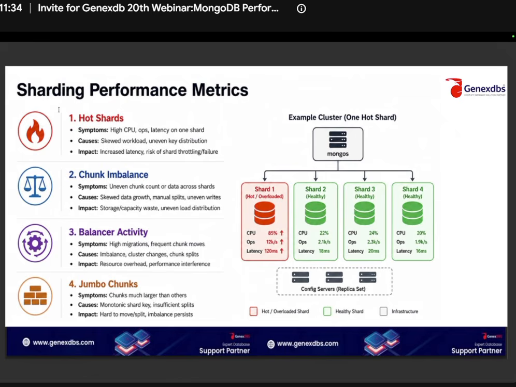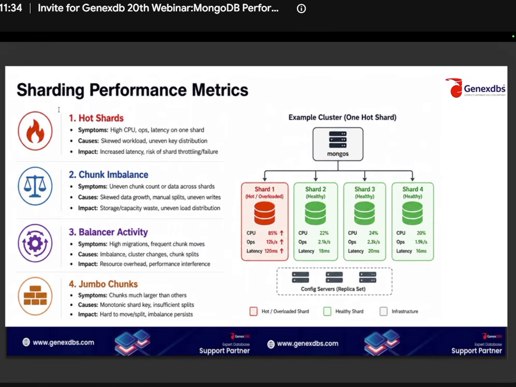But even though sharding provides higher scalability, it also causes some performance considerations or issues. It has advantages, but because of that there will also be some issues, like hot shards, chunk imbalance, balancer activity, and jumbo chunks.